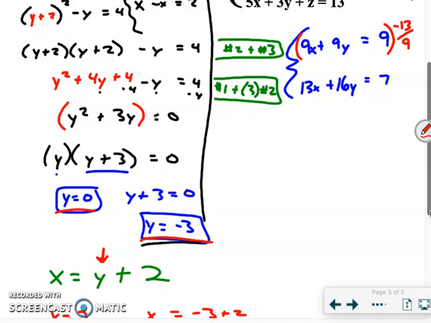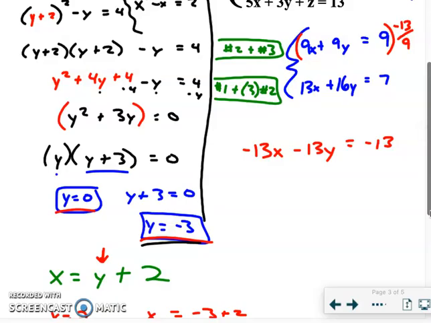So when I distribute through 9x times negative 13 over 9, again, looking at something like this, 9x over 1 times negative 13 over 9, where these 9's cancel, that's just going to leave me with negative 13x. So in that top row, that's going to leave me now negative 13x minus 13y is equal to negative 13.